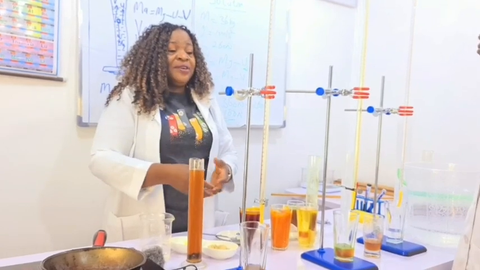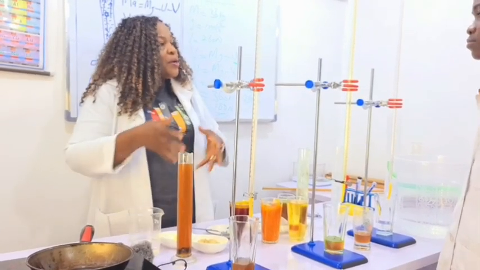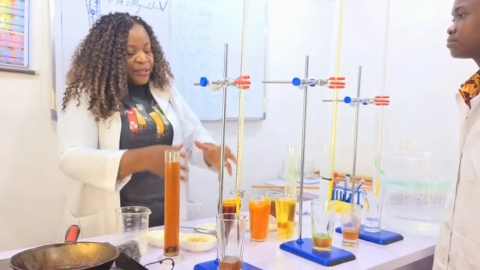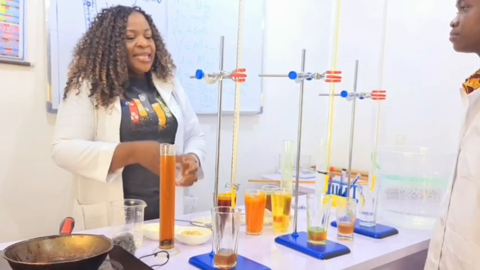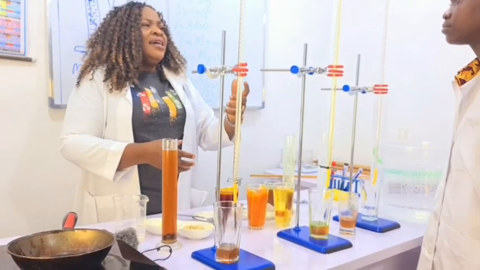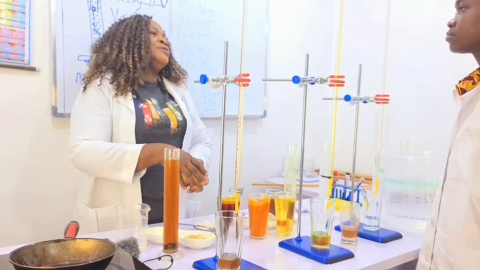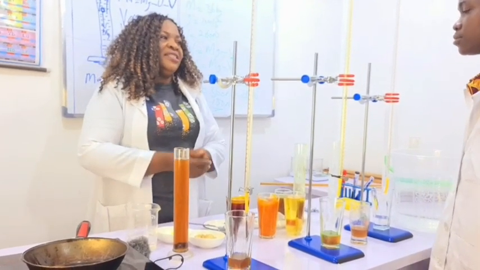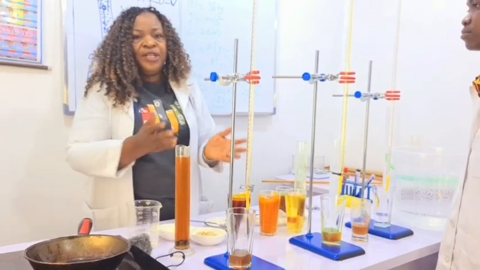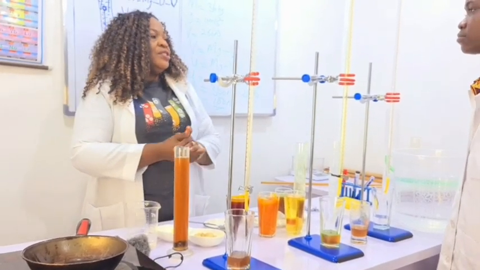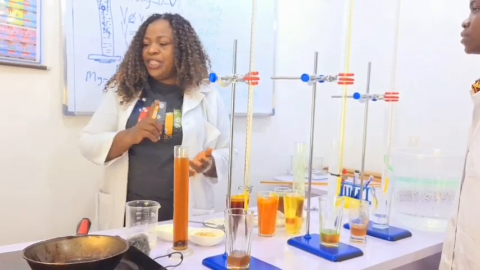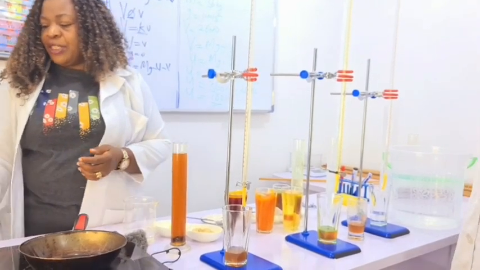As in the case of LPG, our cooking gas in the cooking cylinder, as the pressure is increased, they become more viscous and they can also turn to liquid. So that's the relationship between the pressure, the temperature, and the viscosity.